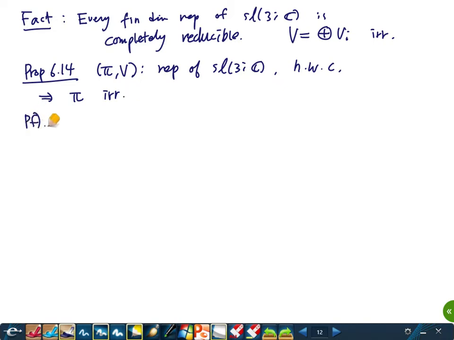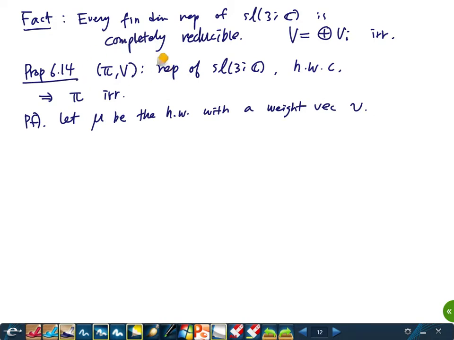Proof. We know that a highest weight cyclic representation has a highest weight and highest weight vector. So let mu be the highest weight with a weight vector v. All right?